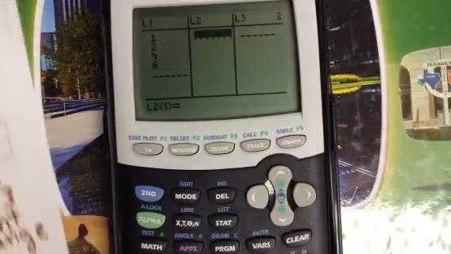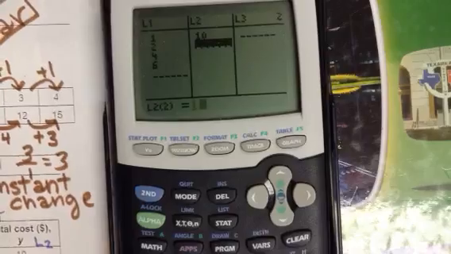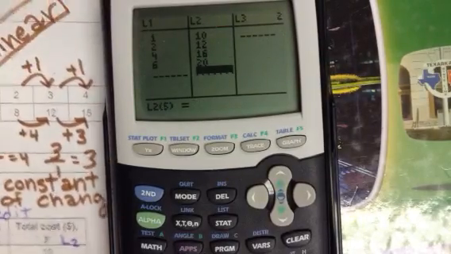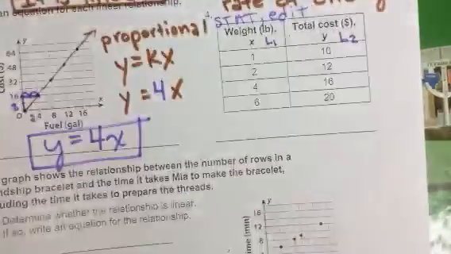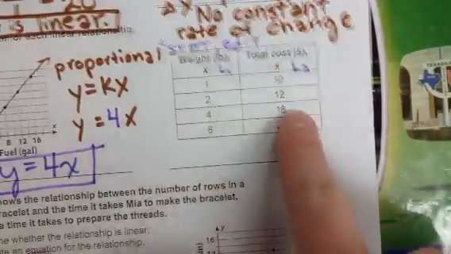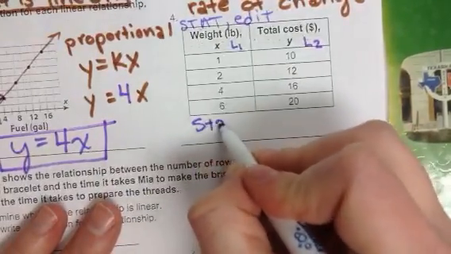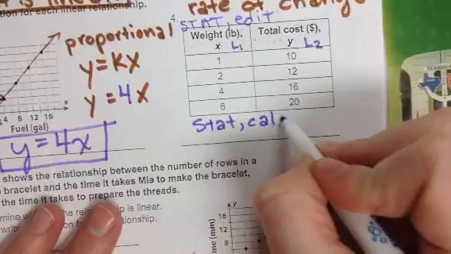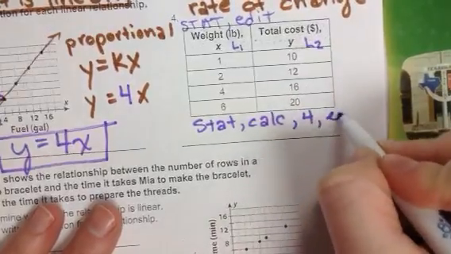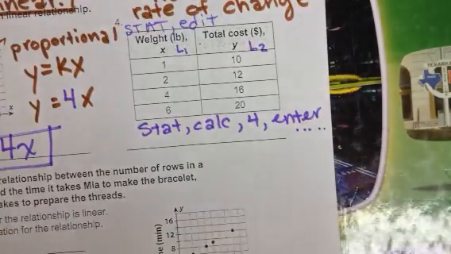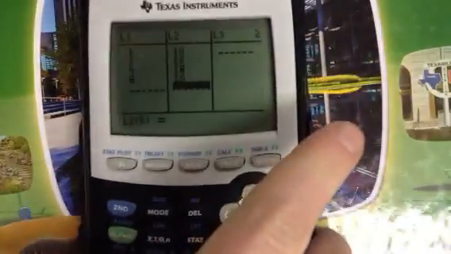Okay, over in L2, I'm going to enter 10, 12, 16, and 20. So after you have entered your data into list 1 and list 2, you hit stat, calc, 4, and then enter about 5 times until it writes the equation for you.